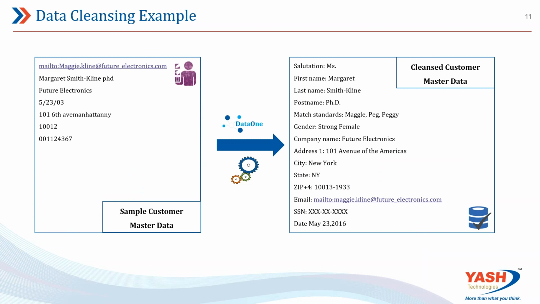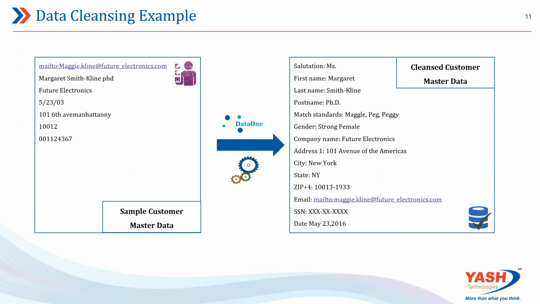Here is an example of how DataOne can help. Okay, look at the sample customer master data. So here we have a customer called Margaret Smith, and you can see how the data is very unstructured. What DataOne does is take this record and break it into the different fields that are required in the customer master. For example, it adds a salutation, first name, last name, puts a title in the right place, and you can see the city and state.